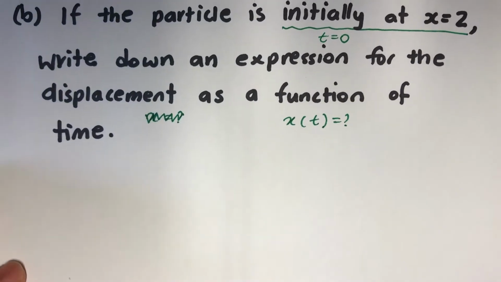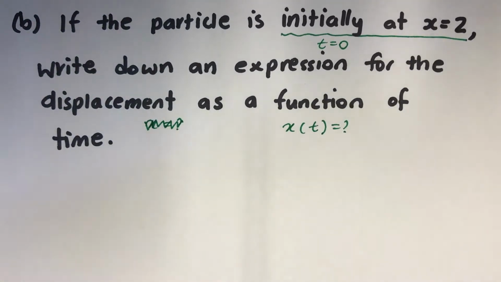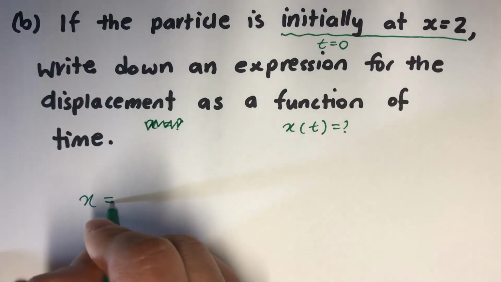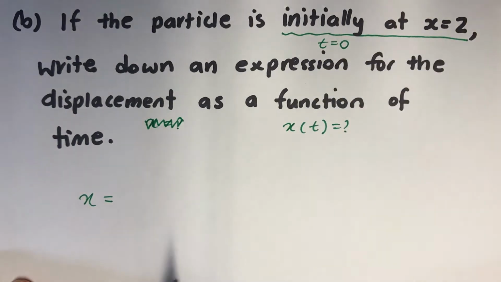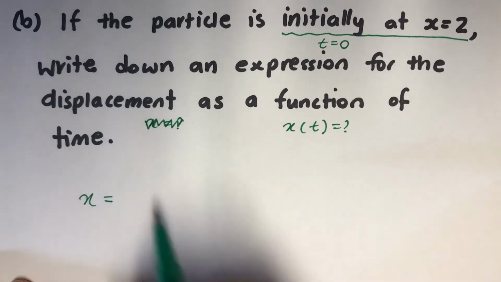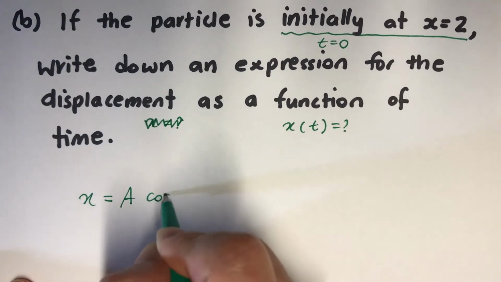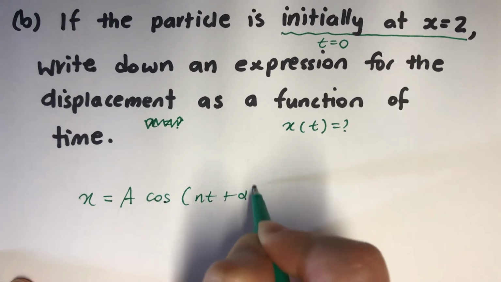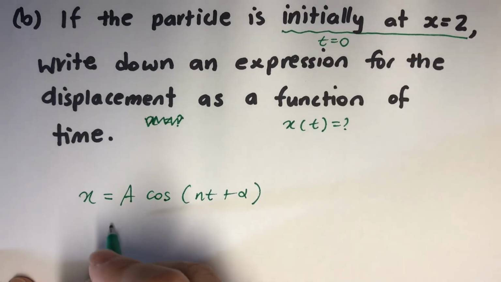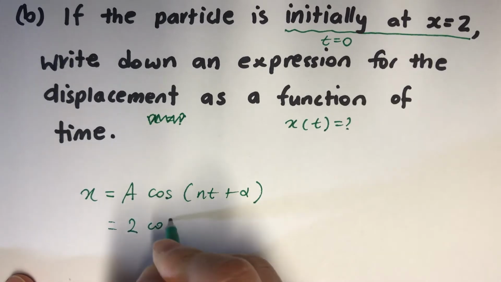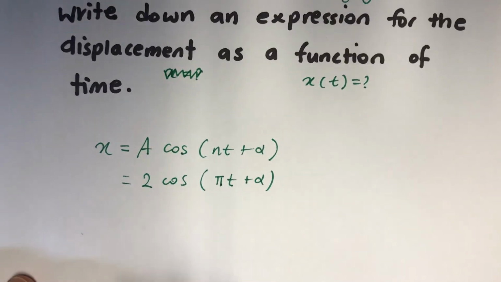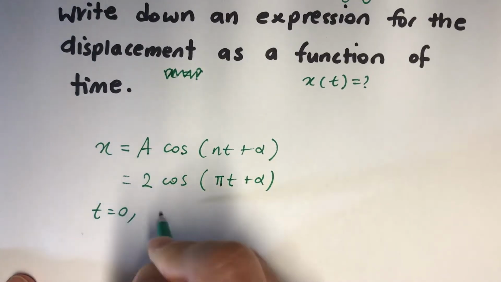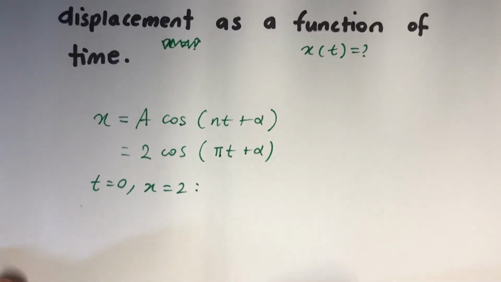Okay, so let's have a look. Now you have to think about whether it's going to be cosine or sine. I think it is cosine because it's initially at x equals 2, so it's not starting from 0, it's starting from 2. So I would say it is cos(nt plus alpha). So a was 2, n was pi. Now I'm going to substitute t equals 0, x equals 2, because that's what the question gave us.